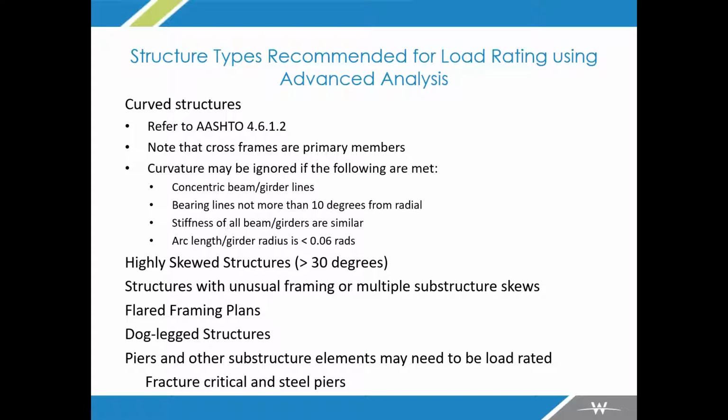So when we start getting into higher skews, that's another trigger that makes you move towards this. Unusual framing is another, such as flared structures, or header beams, beams that end at some type of terminator. Usually that's more on a flared structure that's coming in from a wide structure to a narrow structure.